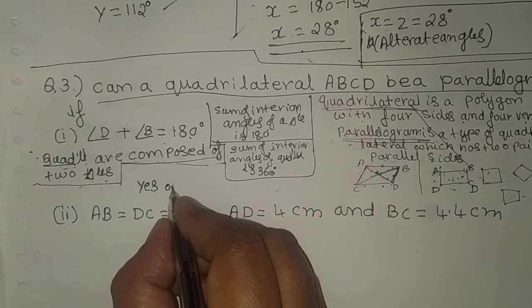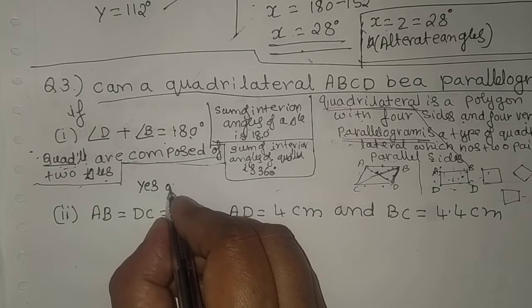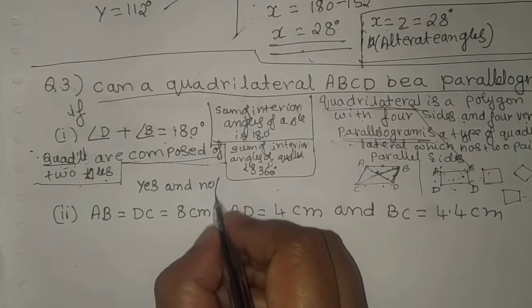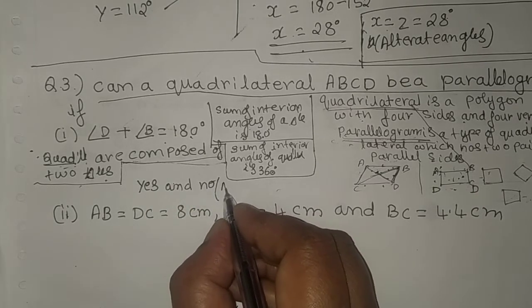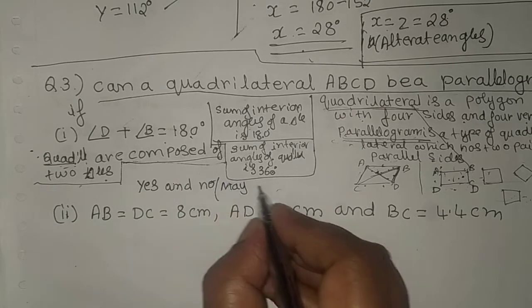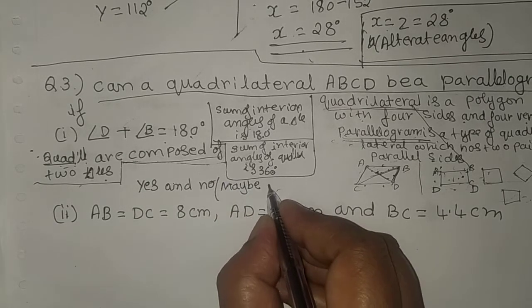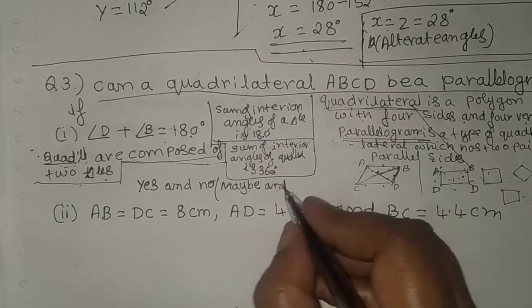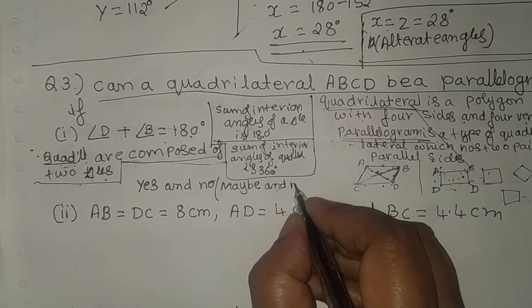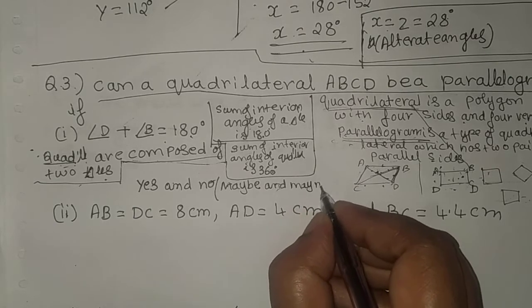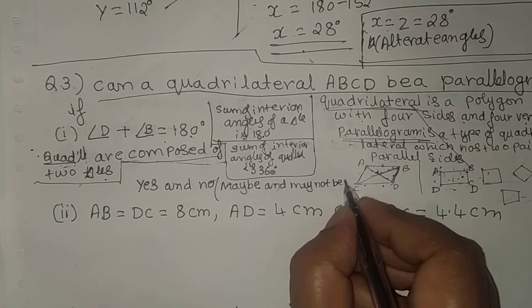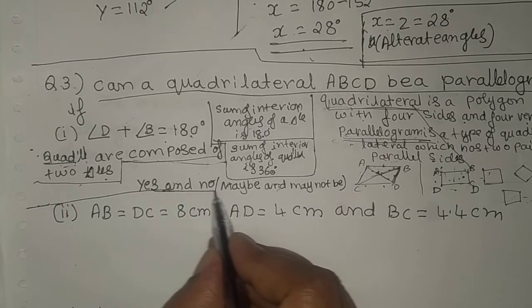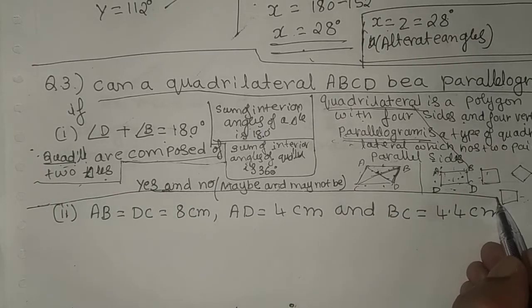You can also write may be and may not be. So this is the solution for this first part: may be or may not be.